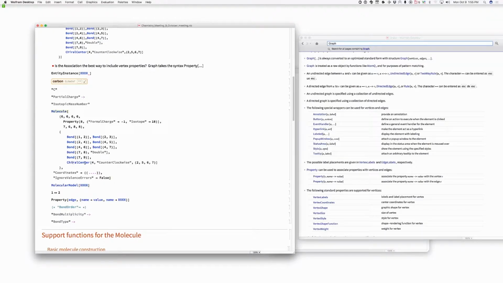What is a chiral center? It is an atom that has 4 distinct ligands attached to it, and they appear in a particular order that gives it a handedness, either right-handed or left-handed. They're not superimposable on their mirror images. And that's more graph theory.